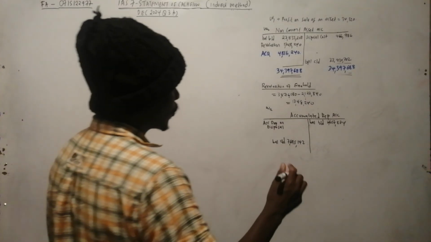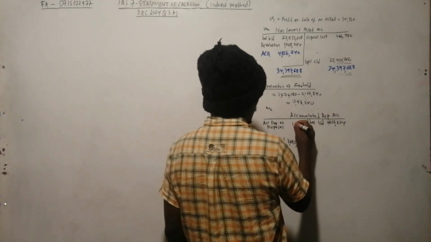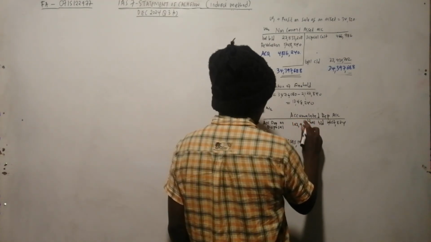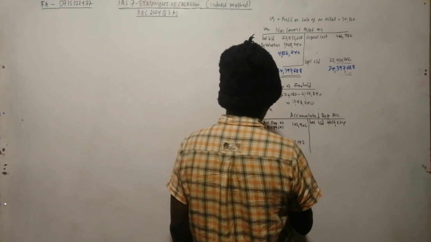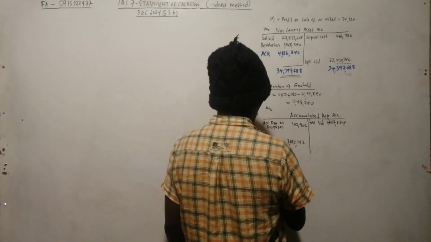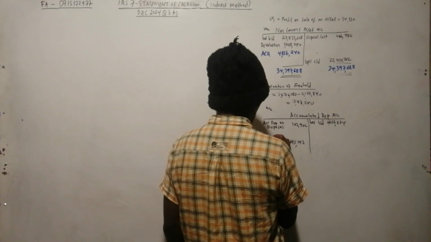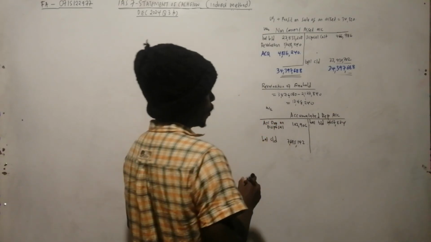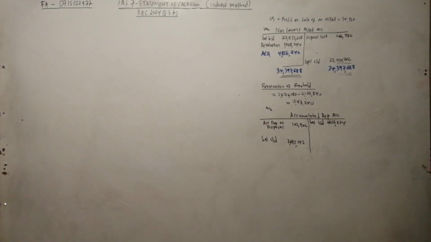Information number 1 tells us they sold an asset which had an accumulated depreciation of 102,906. Now we can balance this account. The balancing figure is a depreciation that will go to the cash flow.